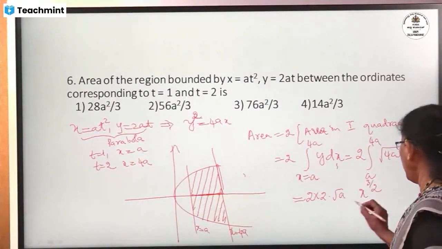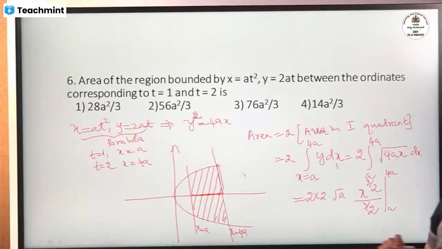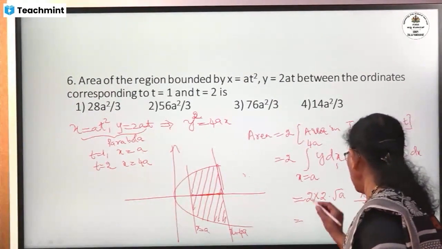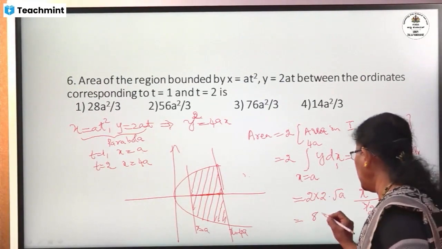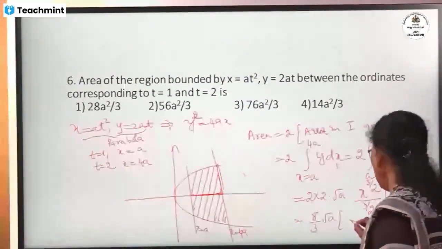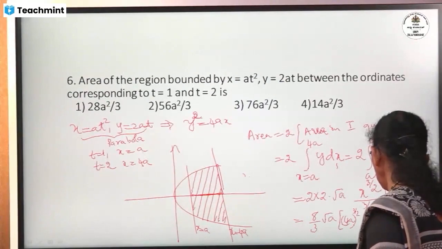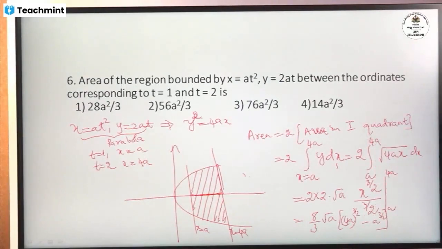X power half plus 1 divided by half plus 1. Half plus 1 means 3 by 2. So it is x to the power 3 by 2 divided by 3 by 2, so the 2 comes to the numerator. 2 into 2 into 2 will become 8 by 3 root a, into 4a to the power 3 by 2 minus a to the power 3 by 2.